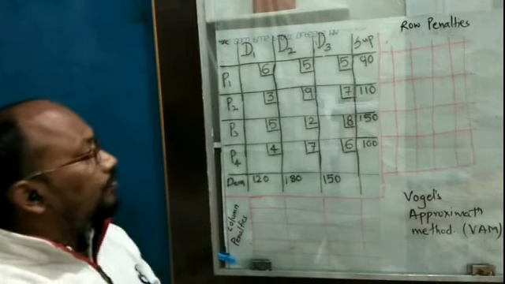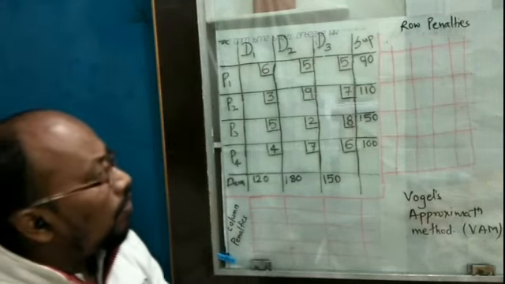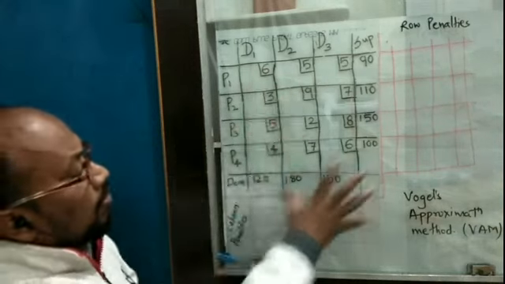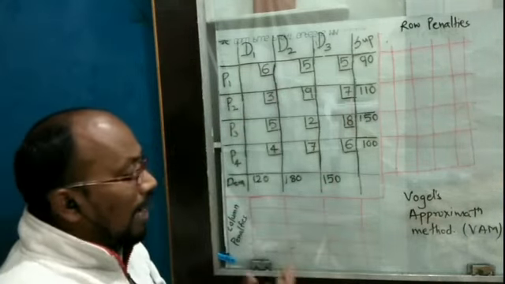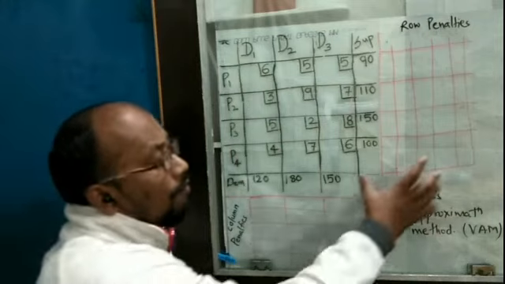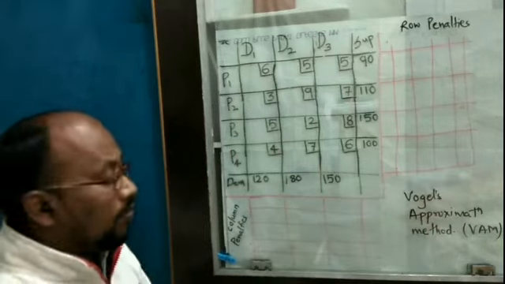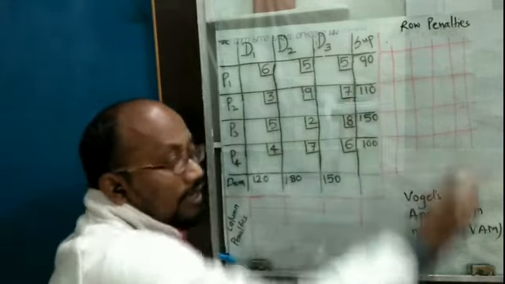Okay, so let's move. This is the table you already know, but in addition to this table we will require more rows and columns where we will calculate the penalties.